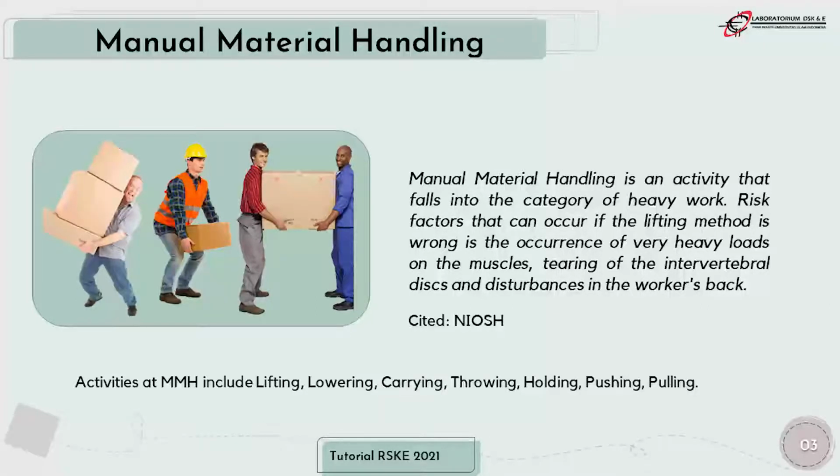The risks that usually occur if the method of lifting is wrong are things like intervertebral disc problems and interference with the worker's back. At the beginning, I explained that manual material handling consists of several activities like lifting and lowering, and there are still other activities like carrying, throwing, holding, pushing, and pulling. But for this tutorial, we will focus on lifting and lowering only.